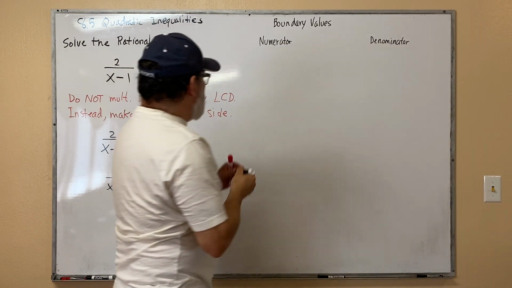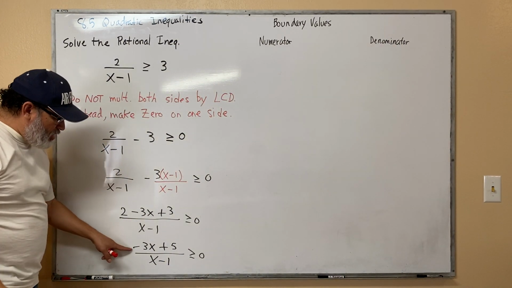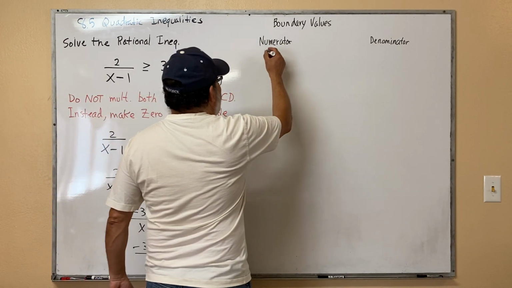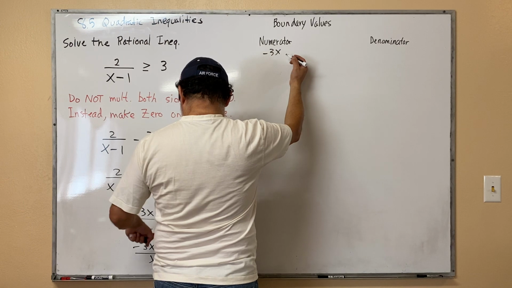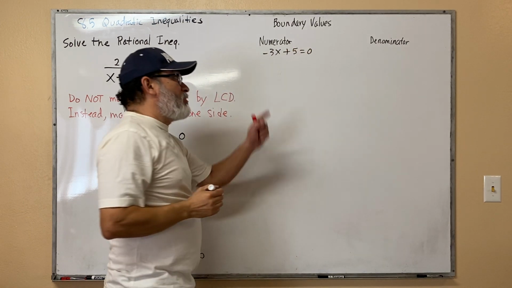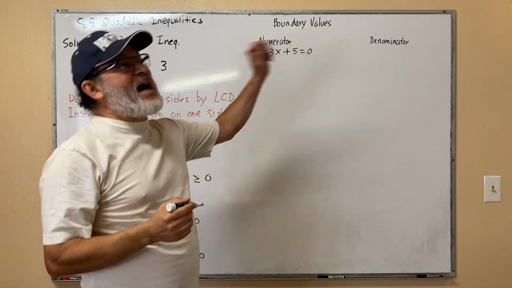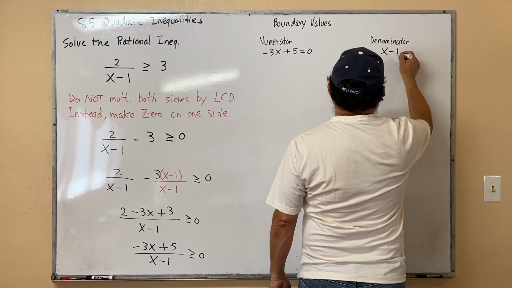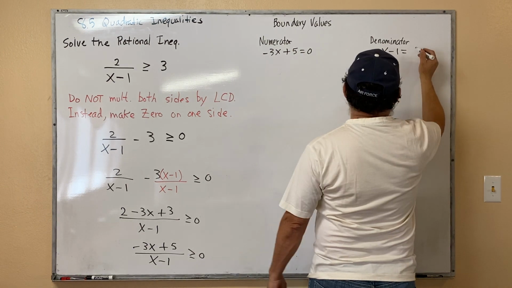The boundary value from the numerator: set the numerator equal to 0. So this is negative 3x plus 5 equals 0. The boundary value from the denominator: set the denominator equal to 0. x minus 1 equals 0.